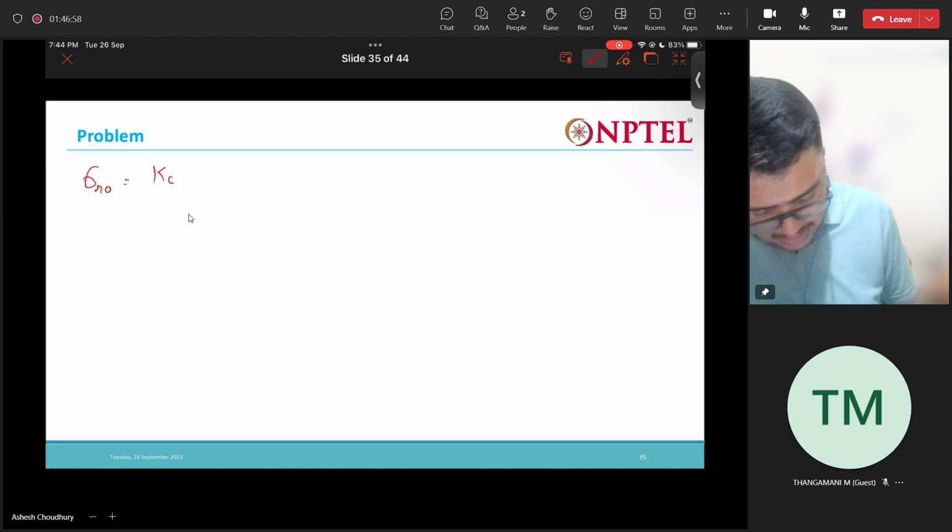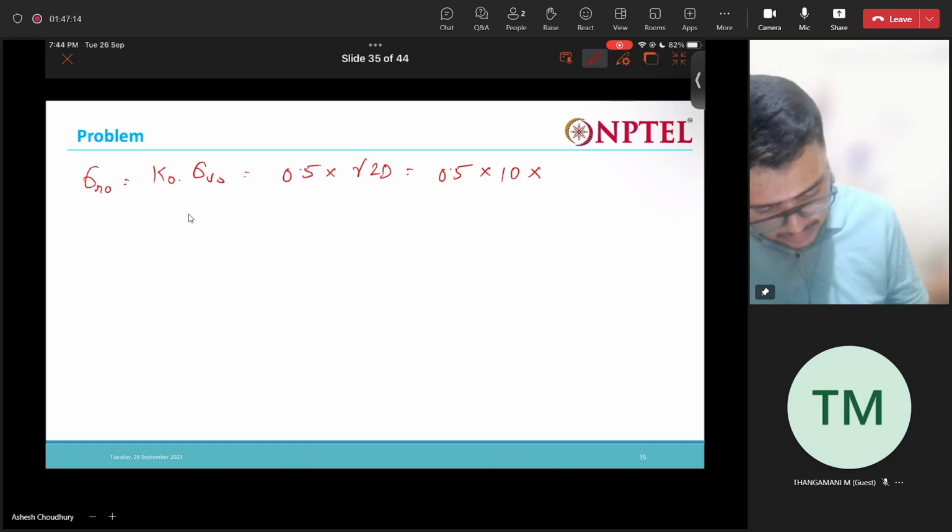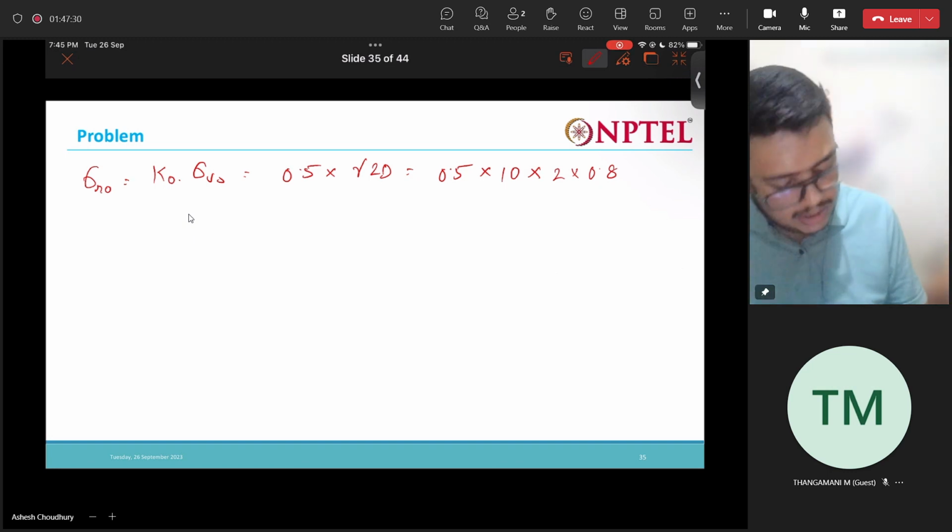Sigma R naught is K naught times sigma V naught. K naught is 0.5, and sigma V naught is gamma times 2t. So 0.5 times 10, assuming effective unit weight is 10, times twice t. So 2 into 0.8, since 800 mm diameter means 0.8.